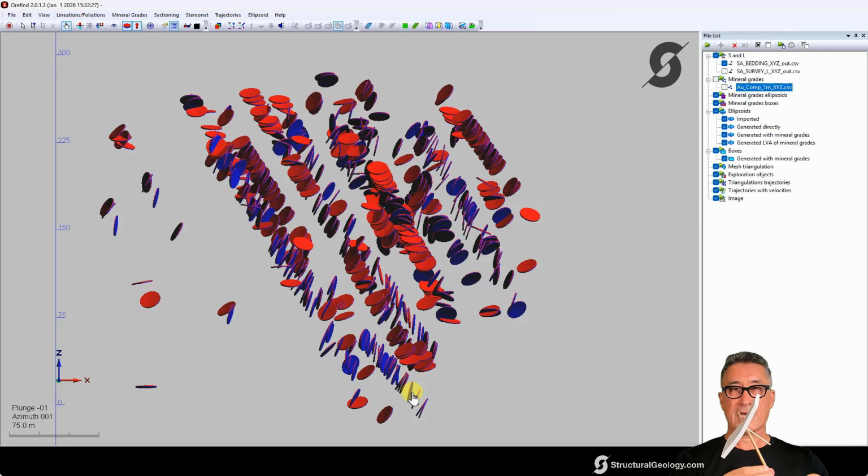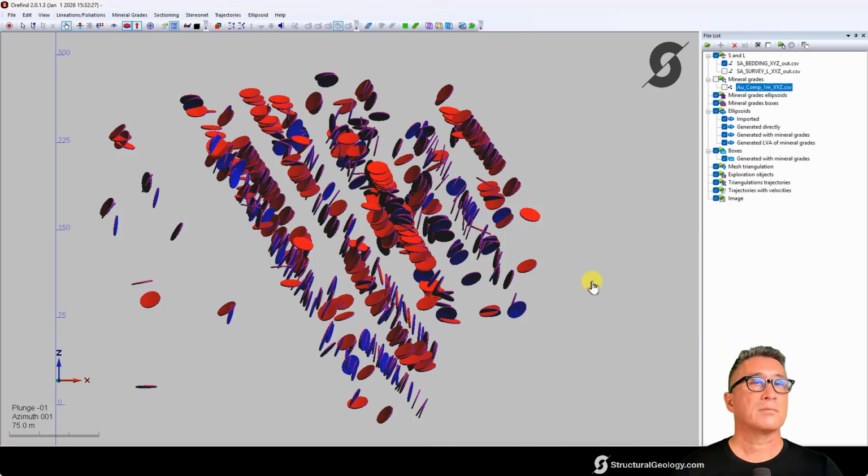If I rotate it about the drill hole, see that? See how the foliation is now flat lying and it's dipping the opposite direction. So something that is dipping towards the west can end up dipping towards the east at a lower angle. So yeah, that's what it looks like.